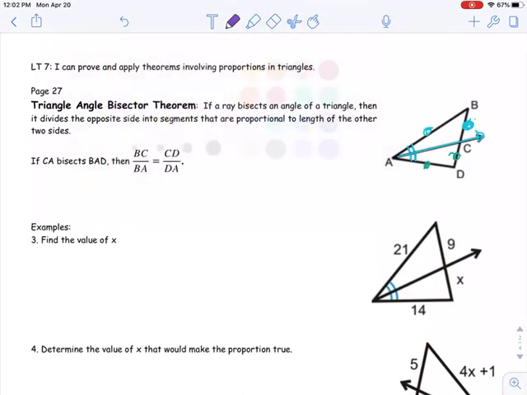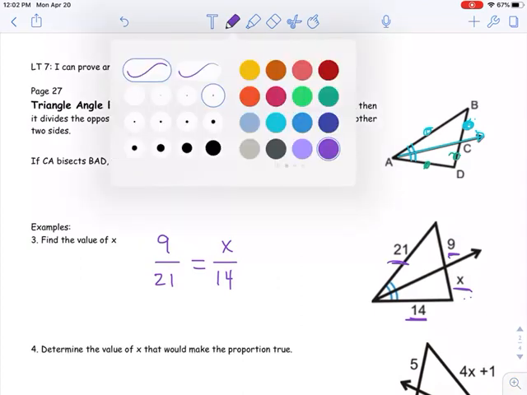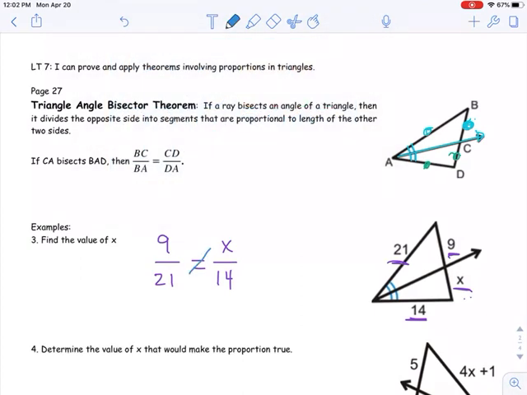If you have 9 and 21, those correspond. I'm going to do right over left on the top. Over here, I got X on the right, 14 on the left. That's one of a few proportions you could set up.